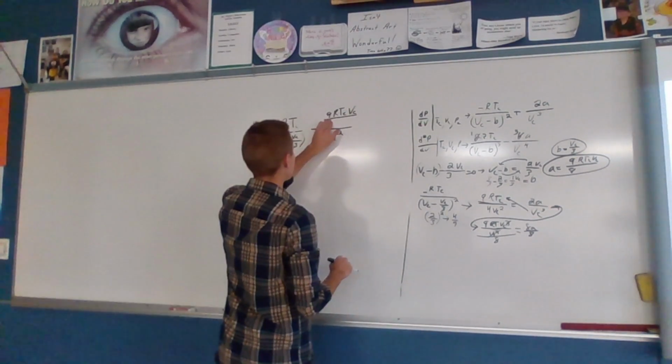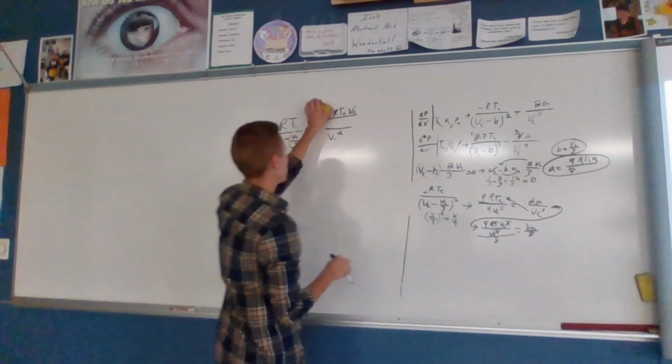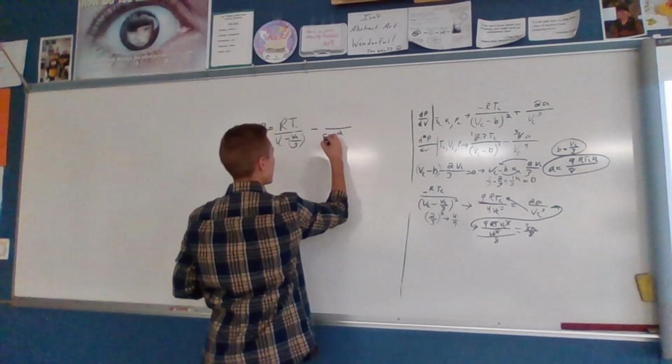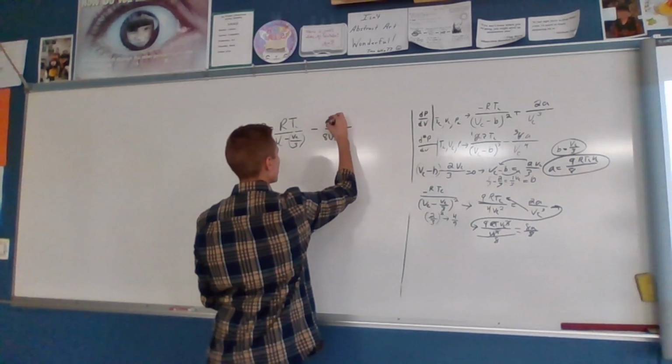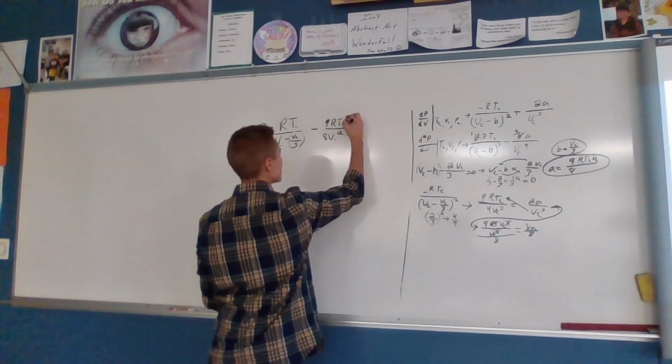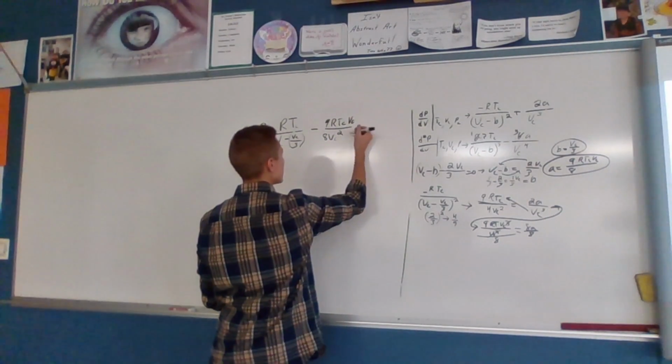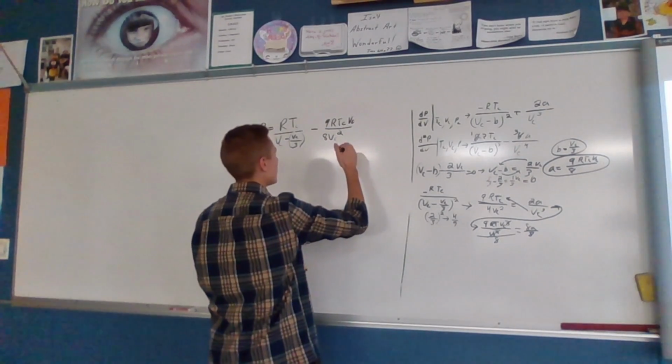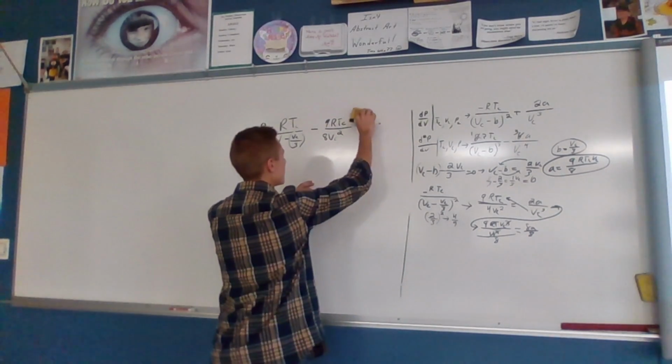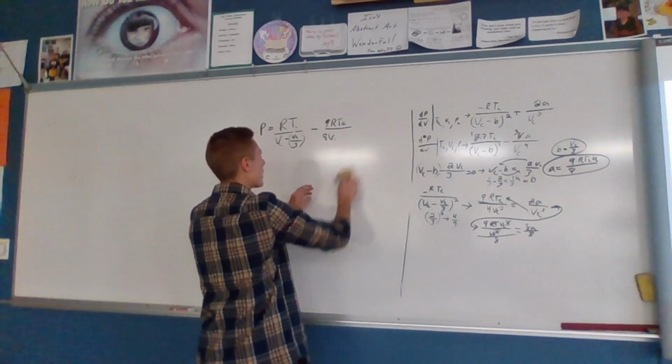I can put the 8 down here, 9 up here, R TC, VC. So I can go ahead and simplify this. Take out the VC here, take out the squared, simplify it down.